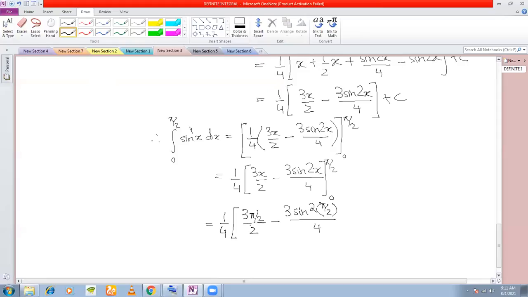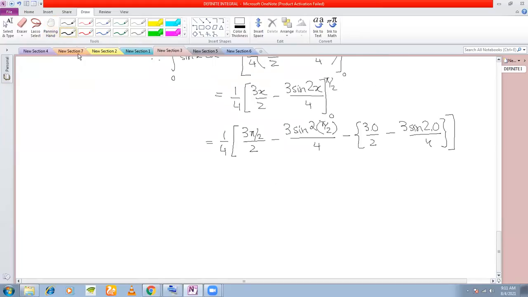After putting the upper limit, now you put the lower limit, which is 0. So 3 into 0 divided by 2 minus 3 sin 2 into 0 divided by 4. So in fact, the part within the curly brackets actually becomes 0.